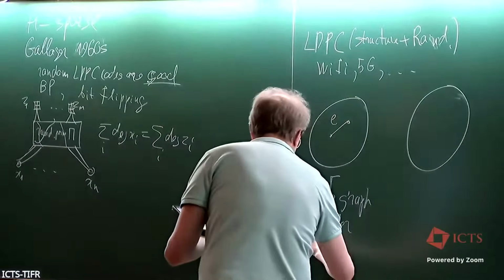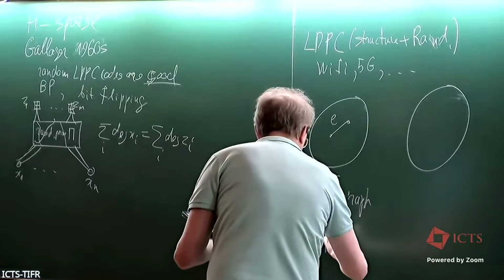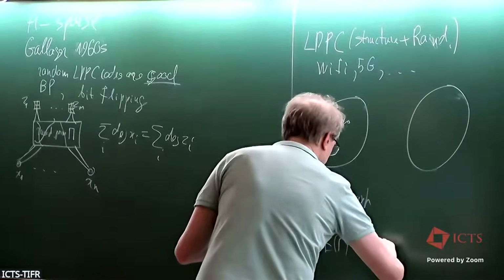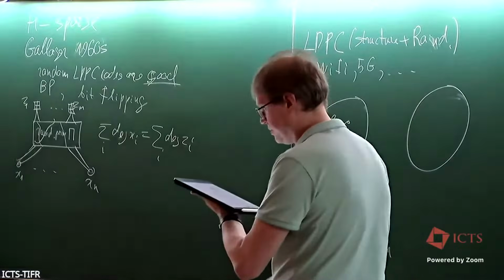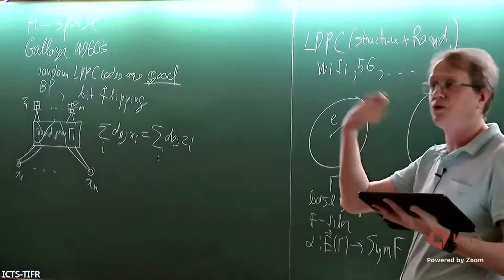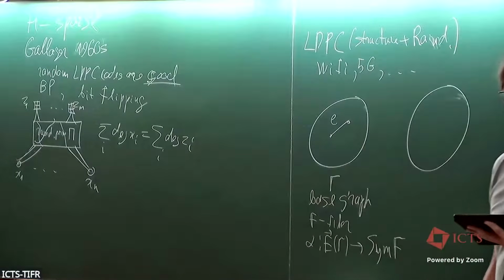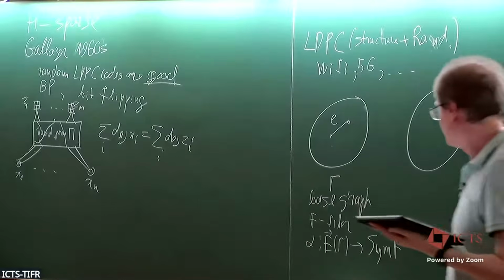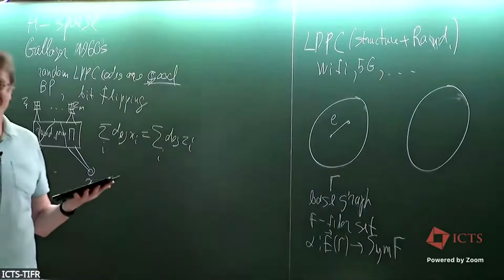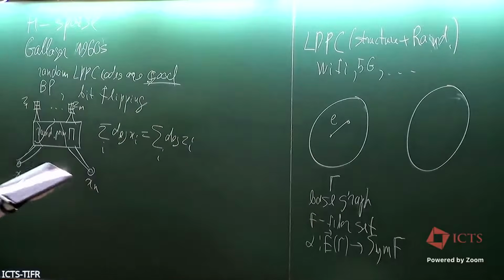And we assign to each oriented edge a permutation, an element of Sym F, the set of all bijections on the set F. The fiber is just an arbitrary finite set.